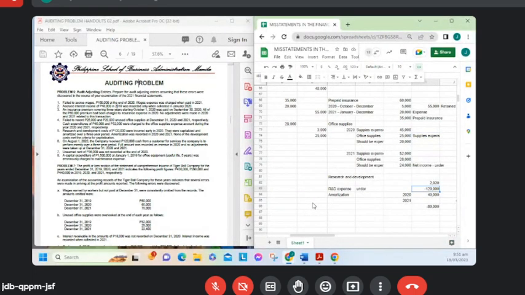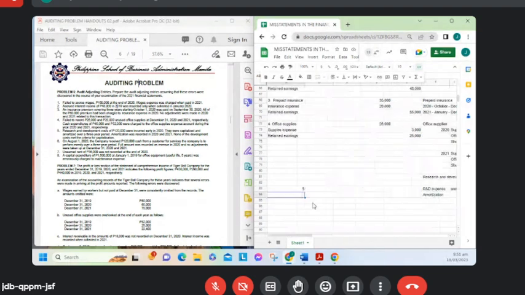Pala, sorry. This is understated expense, so overstated. Tama, okay. So we are going to debit retained earnings, 80,000.